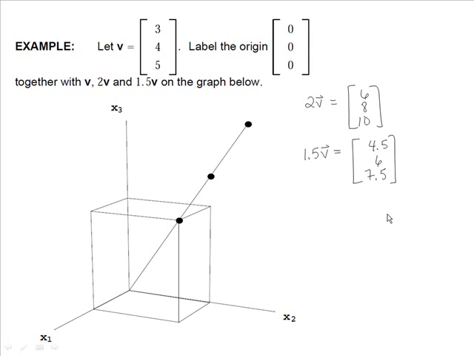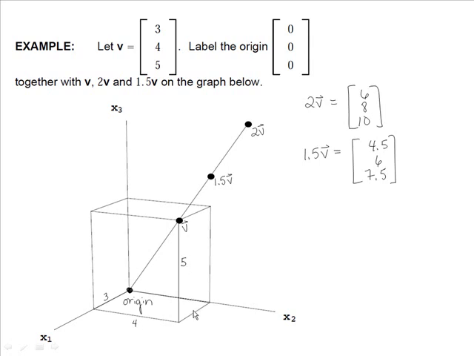And when we look at the graph, right here is the origin with 3 zeros. Right here is my vector v. Here is 1.5v, and here is 2v. So we can label what we've got. Since v is labeled here, we see that this is about 3, here is 4, and this height here is 5.